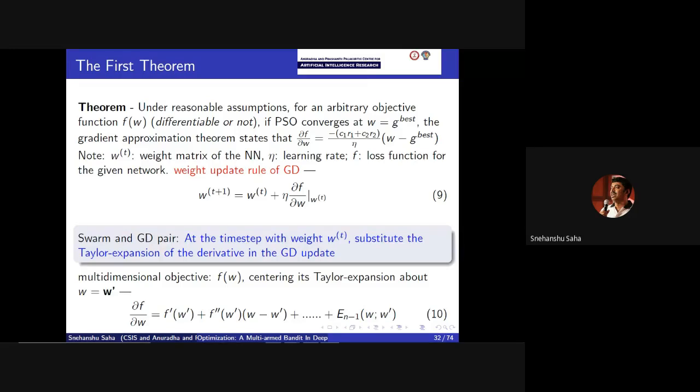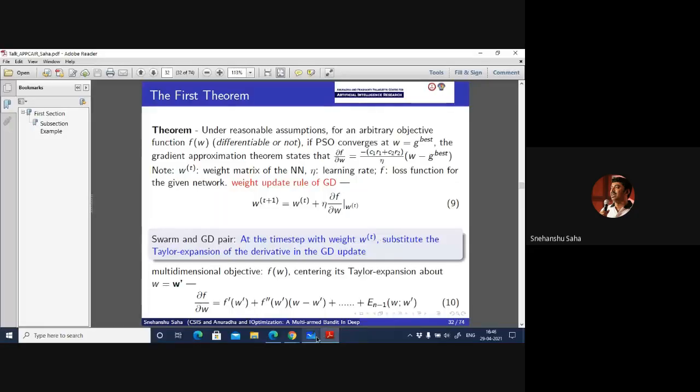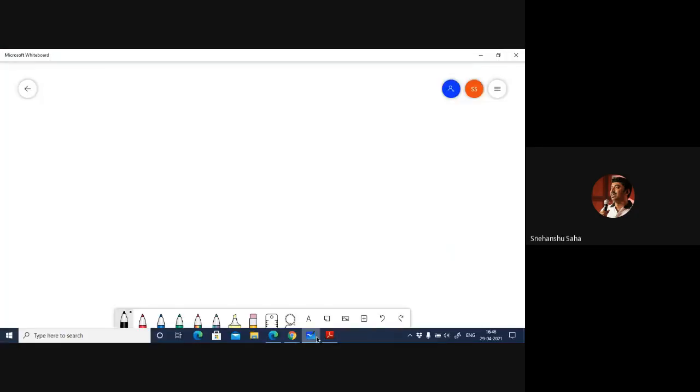As I said earlier, we update the particle positions because we are never happy with the present particle position. We update the weights because we are never happy with the present value of the weights, right? So there is some sort of metaphorical equivalence between the particles and the weights, correct? If you think of particle swarm optimization, it's this: x_{t+1}, that is the updated position of the particle, plus there is this inertia term, correct?